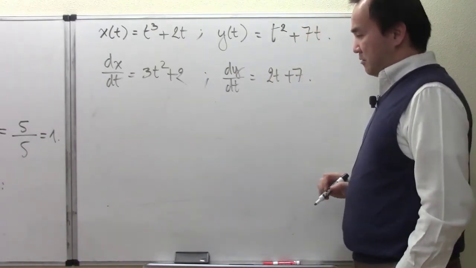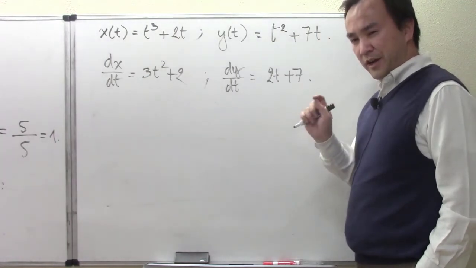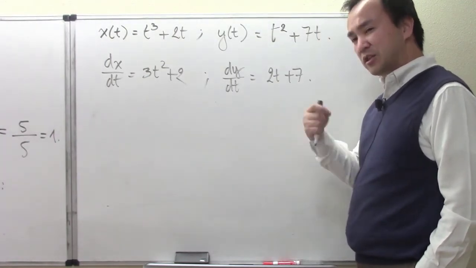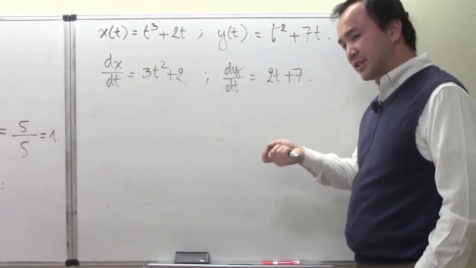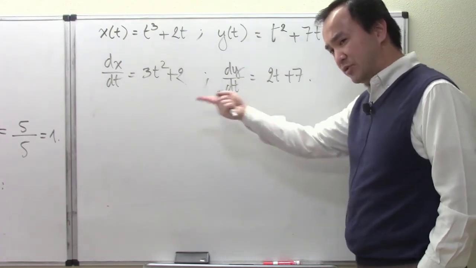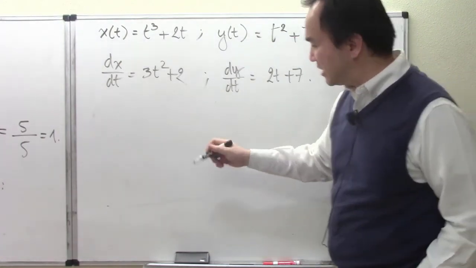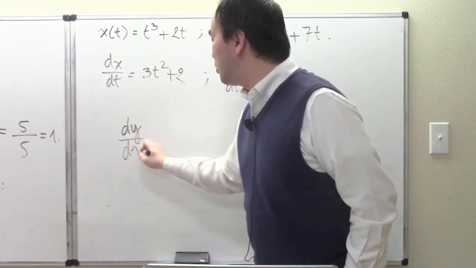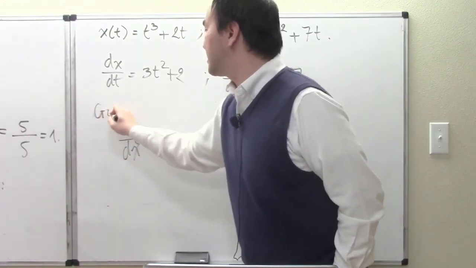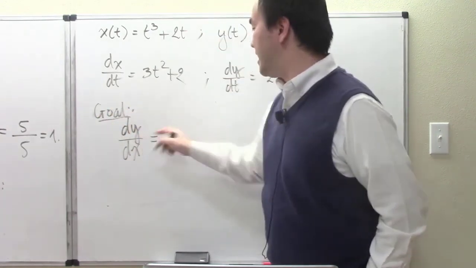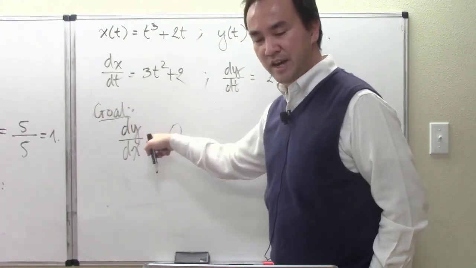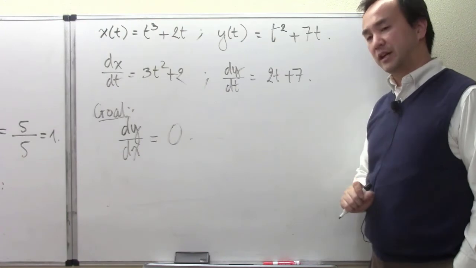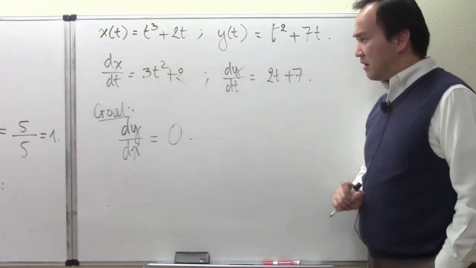Looking for a horizontal tangent line means the slope of the tangent line at those instances must be 0, m of t equals 0. But that also means we're looking for dy/dx. We want dy/dx to equal 0, because dy/dx is our slope of the tangent line.